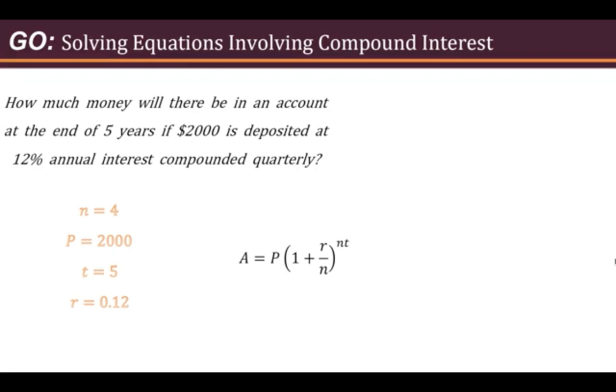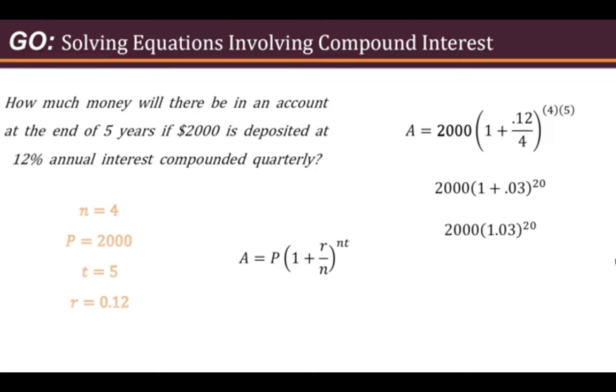So A equals P times (1 plus R over n) to the n times t, equals 2,000 times (1 plus 0.12 over 4) raised to 4 times 5, which is equal to 2,000 times (1 plus 0.03) raised to the power of 20, which gives us 2,000 times 1.03 raised to the power of 20, which equals 2,000 times 1.8061, or simplified, $3,612.22.